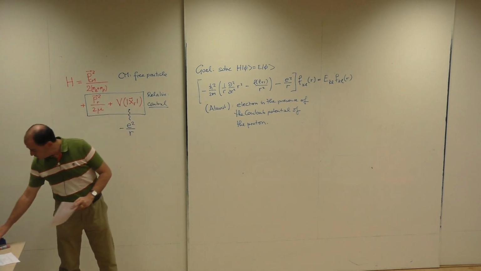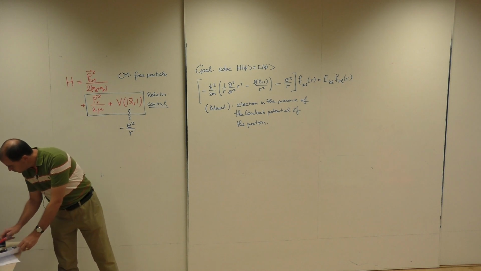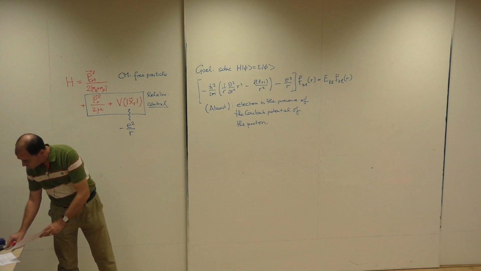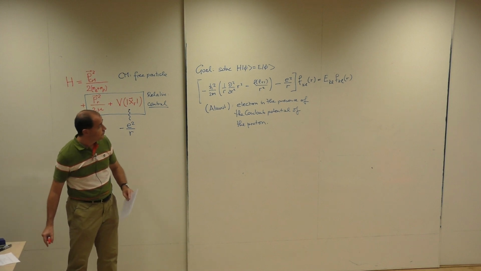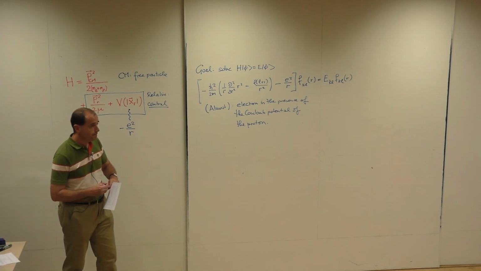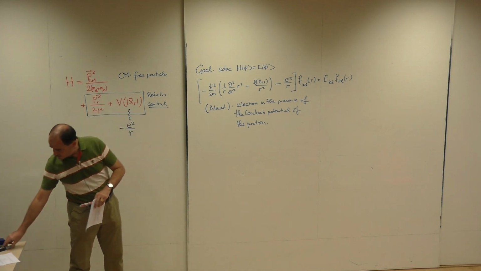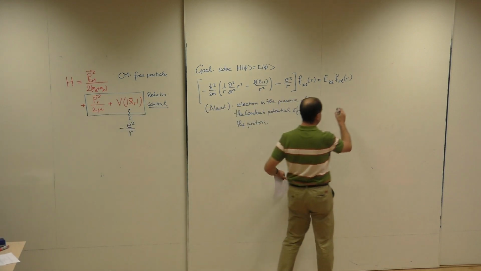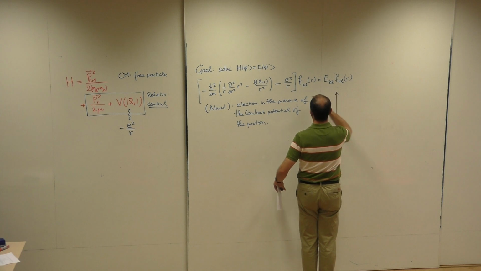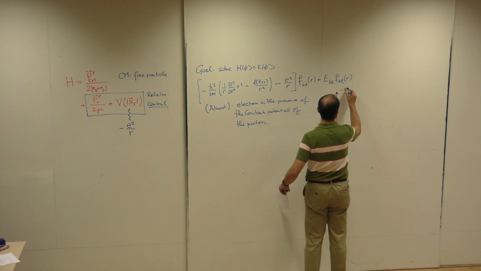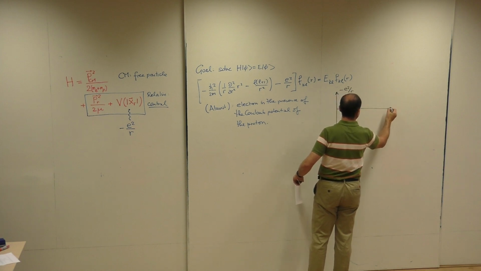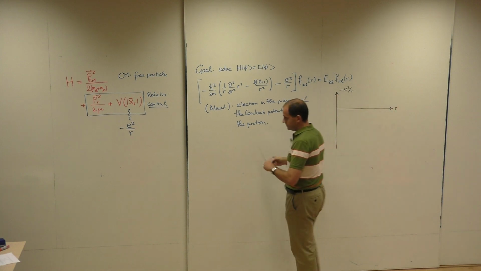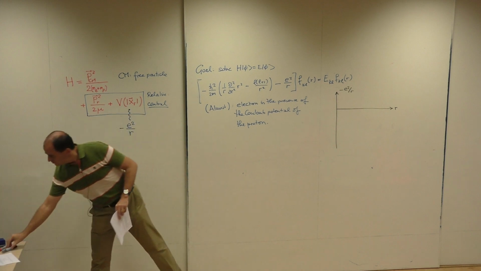Let's go a bit qualitative first. So what are we going to have? The Coulomb potential, this one, minus E square over R, is obviously something like this.